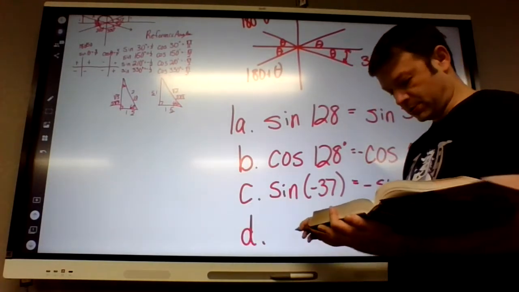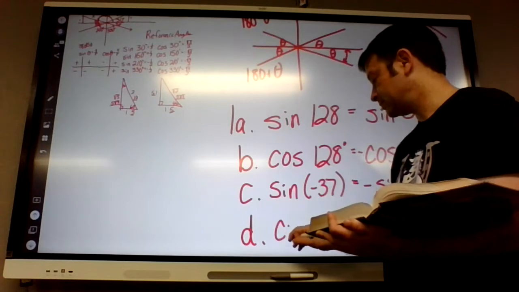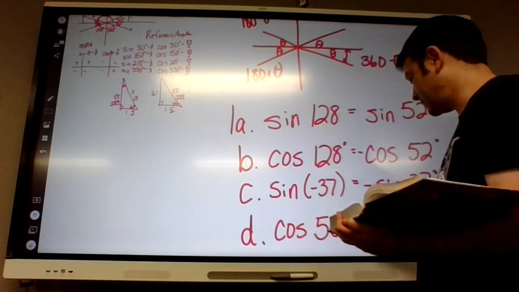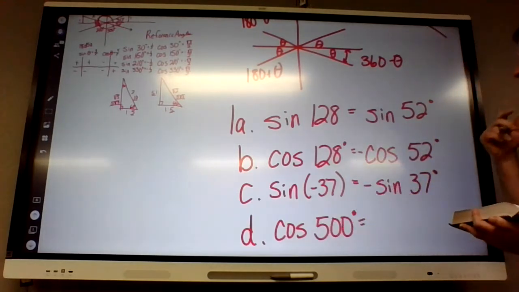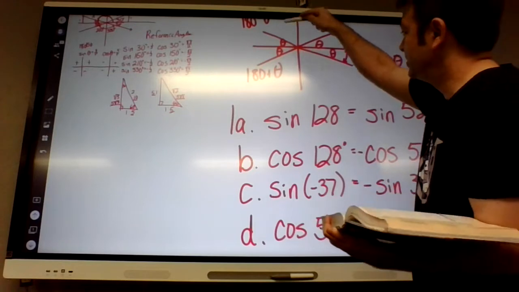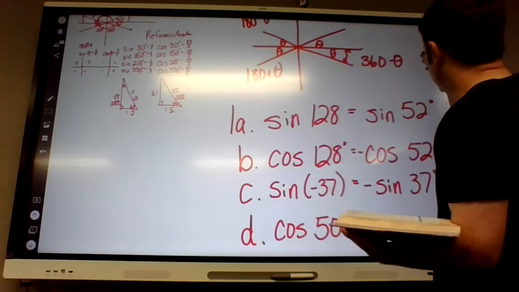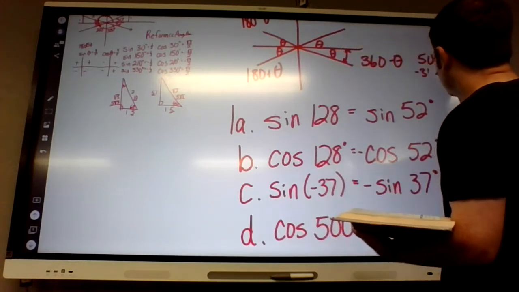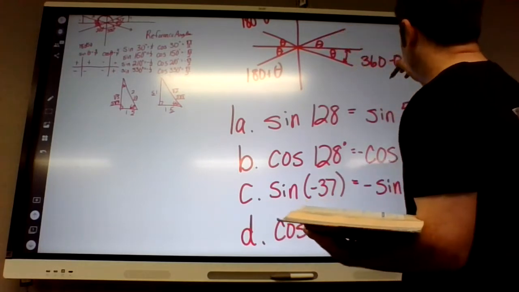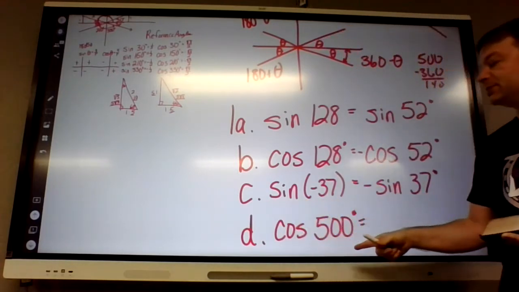And D is cosine of 500. What quadrant is 500 degrees in? Okay, well, if you take away 360, 500 minus 360, you get 140. So it's going to be the same as cosine of 140.